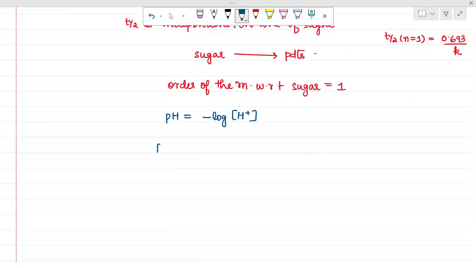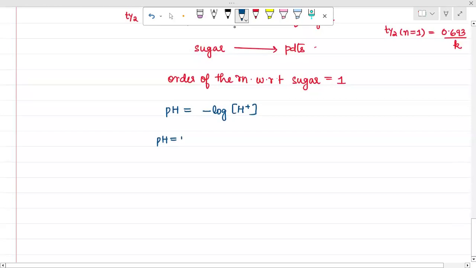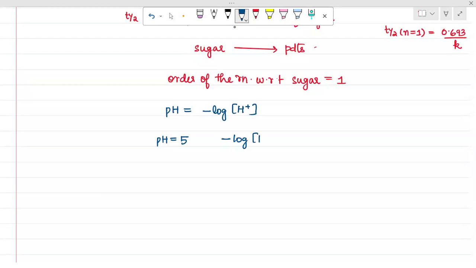They have given that pH was initially how much? 5. pH was 5, meaning minus logarithm of H plus is equal to 5, meaning log of H plus is equal to minus 5. If I take antilog on both sides, this is going to be H plus is equal to 10 to the power 5. Correct? If you have log x is equal to y, how will you take the antilog? X is equal to 10 to the power y.